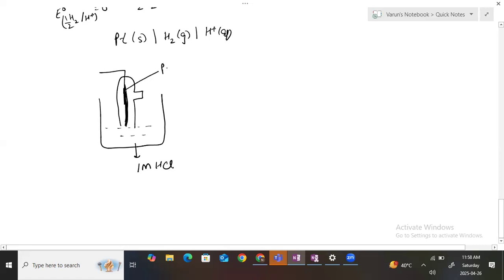This is the platinum one. This one is the glass tube. There is a slit basically through which we pass pure hydrogen gas at 1 bar pressure.